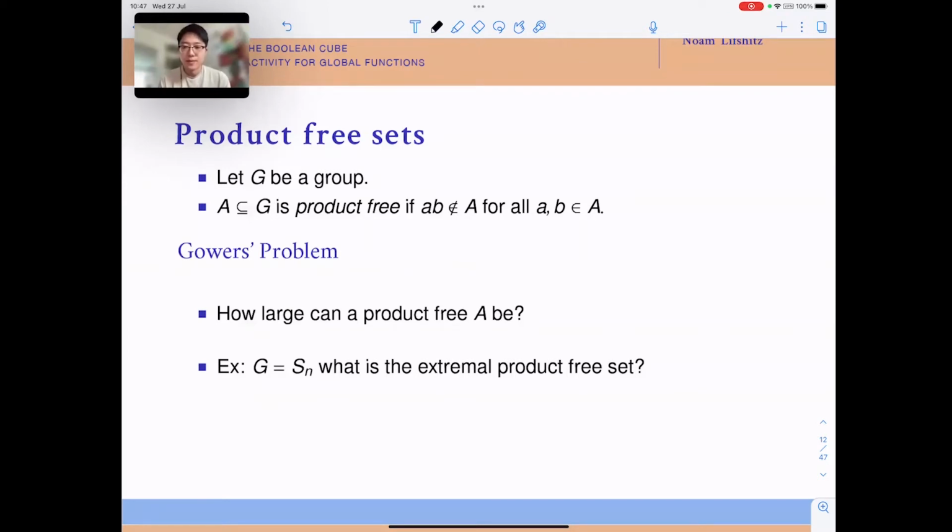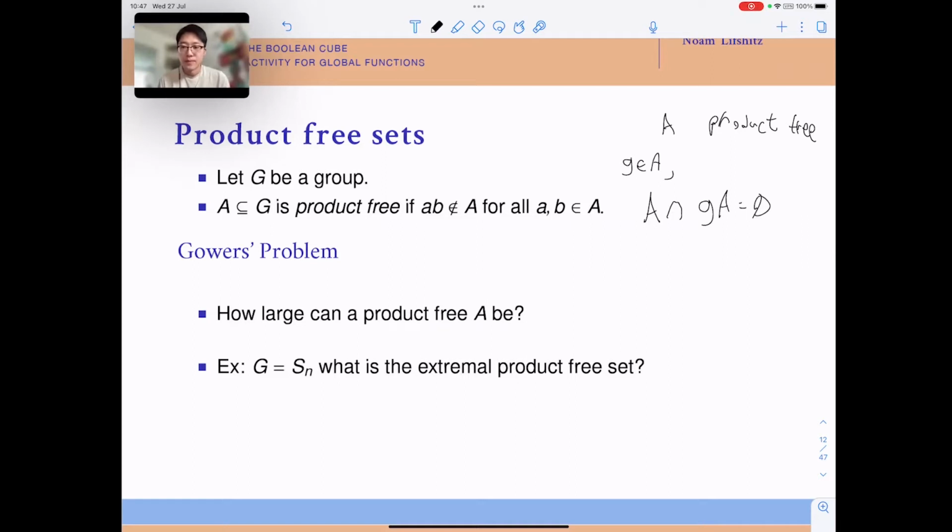And on the other hand, if A is product-free and g is in A, then A and gA, their intersection is empty because it's a product-free set.